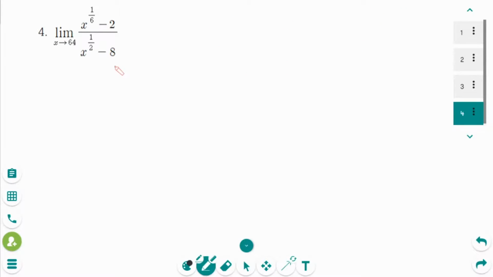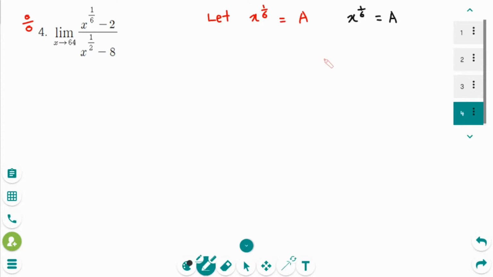This is the next question. It is in the 0 over 0 form. When we use substitution, which term is changed? It is the smallest term, so x to the power of 1 over 6 is a.